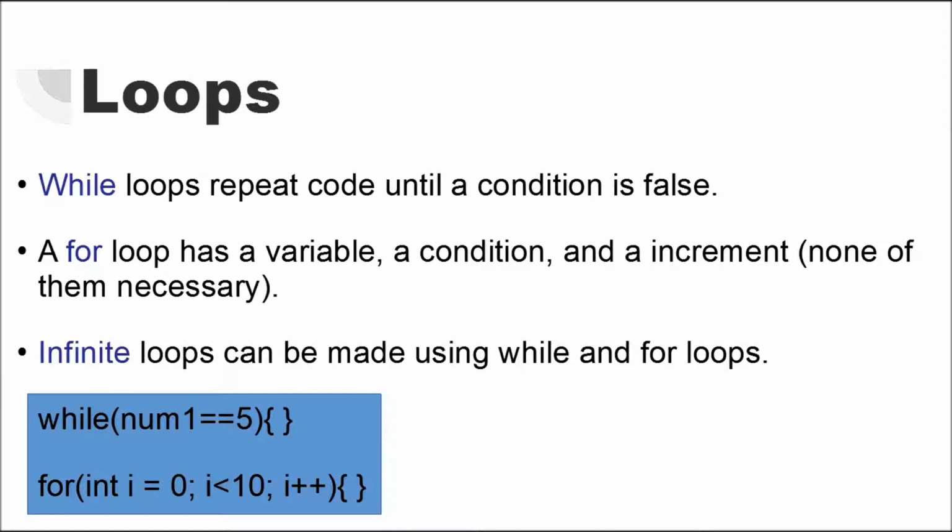For loops are also very common. They have a variable, a condition, and an increment. The variable is like your control thing. It controls the loop, there are conditions that can vary, and you can even put other variables in the conditions. Then you have an increment.